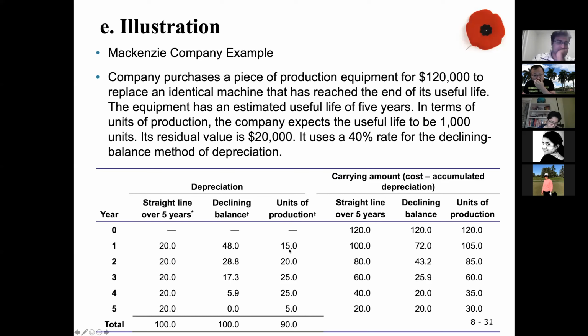But you know how to do the units of production, right? You calculate the percentage of the usage: the number of units used for the year divided by the total expected units, 1,000 in this case. And that's how you do the amortization.